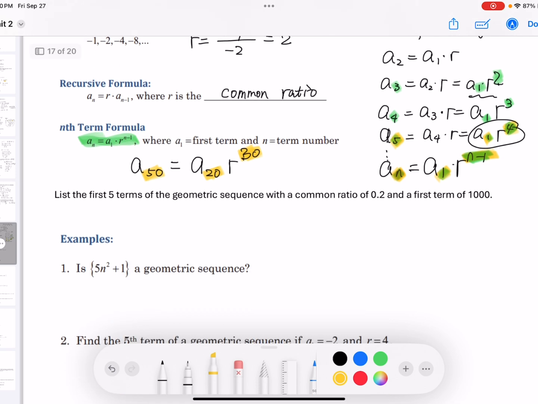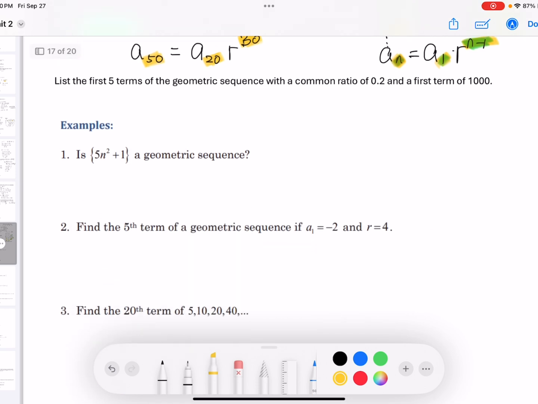Okay, let's see the example, the question. List the first 5 terms of the geometric sequence with a common ratio of 0.2, and the first term a sub 1 is 1000. So a sub 1 is 1000. What is the common ratio r?